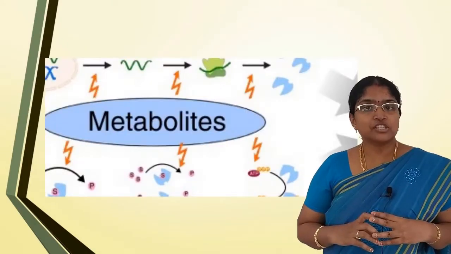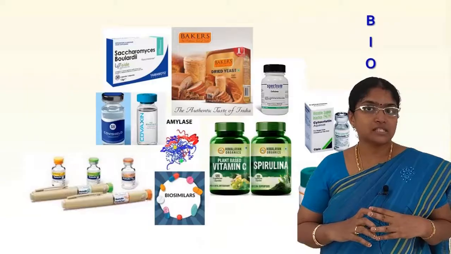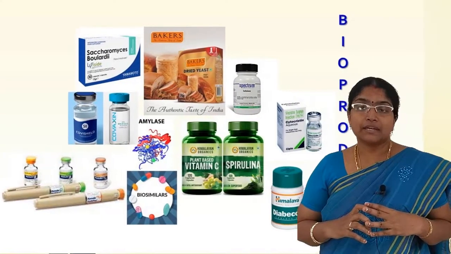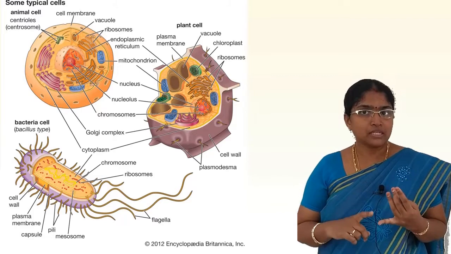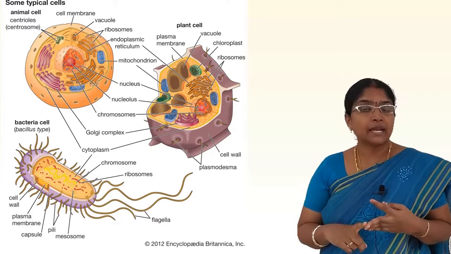Bioprocesses involve production of industrially important products from given organisms. The organisms that are used in a given bioprocess can be a microbial cell, a plant cell, or an animal cell.